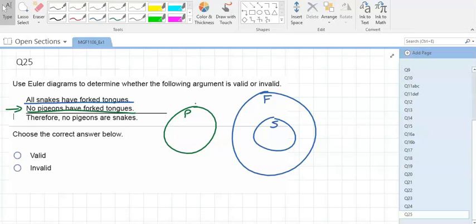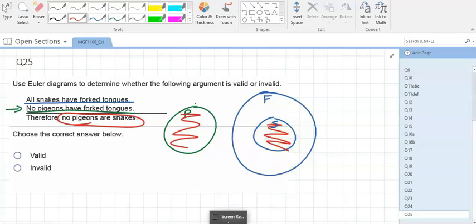So the last question that we have to ask ourselves is, is this true in our picture? No pigeons are snakes. Yes, because the pigeon circle and the snake circle are not touching and never will touch. So is this valid or invalid?